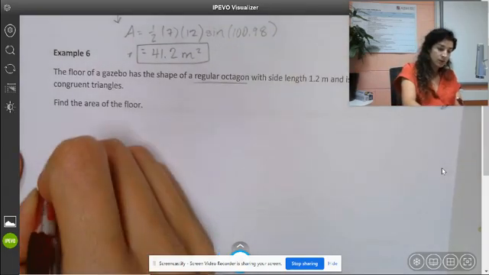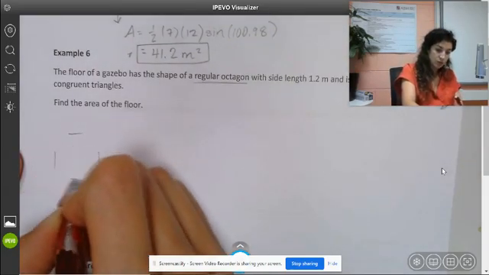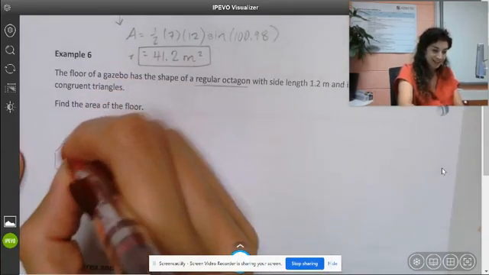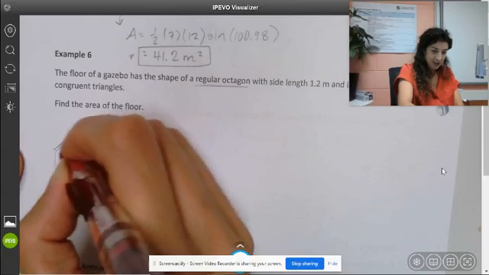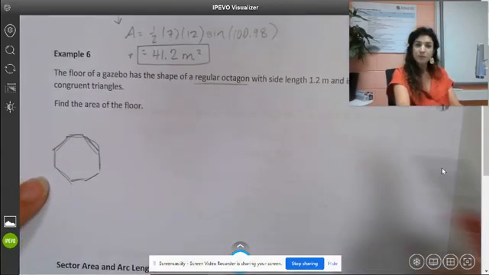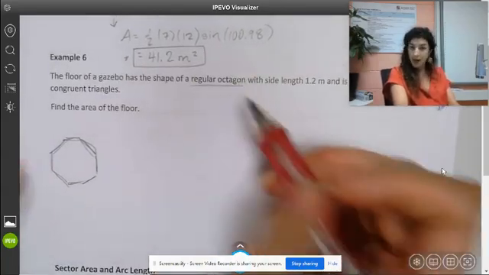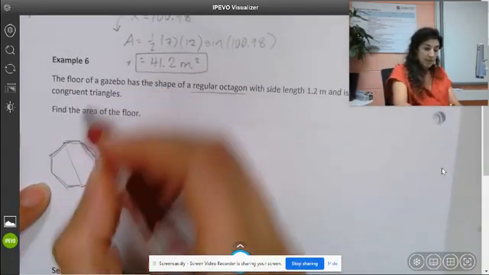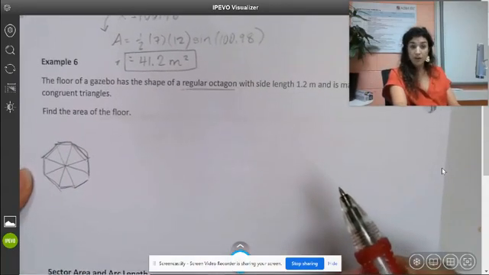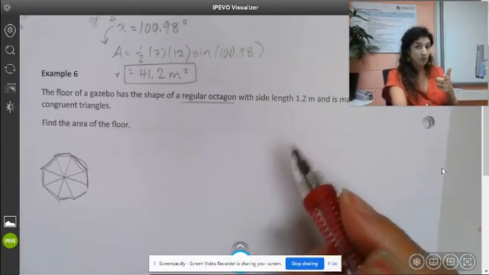So a regular octagon is an artistic interpretation of a regular octagon. So there's 8 sides, octa, and it's made up of 8 triangles that are congruent.